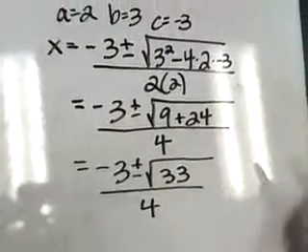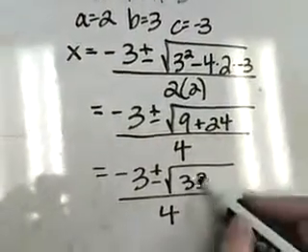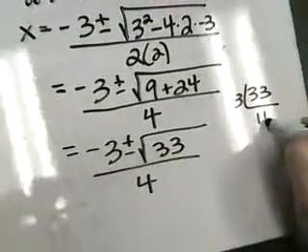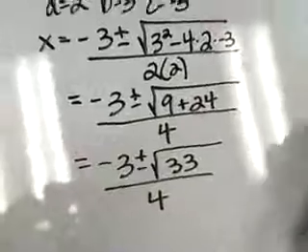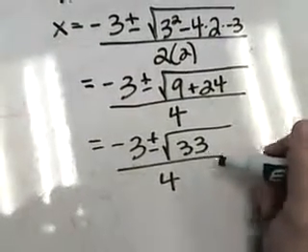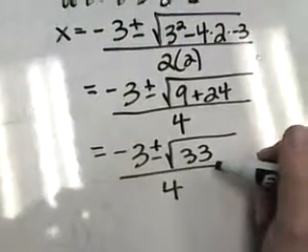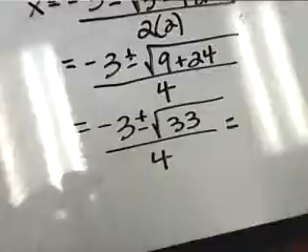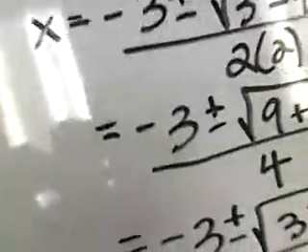Okay, those are my solutions, and I can't break that 33 down because it's just 3 and 11. But remember, we're supposed to be putting those on the x-axis. I don't know where that's at, so I need a decimal form of this. Let me grab my calculator.